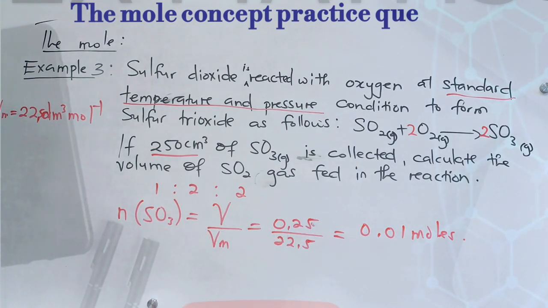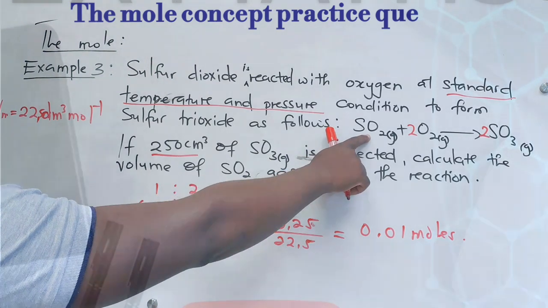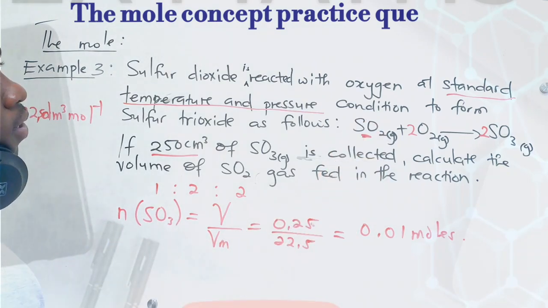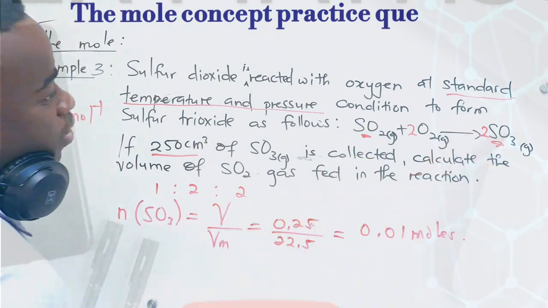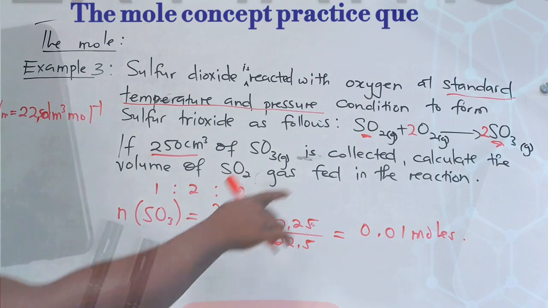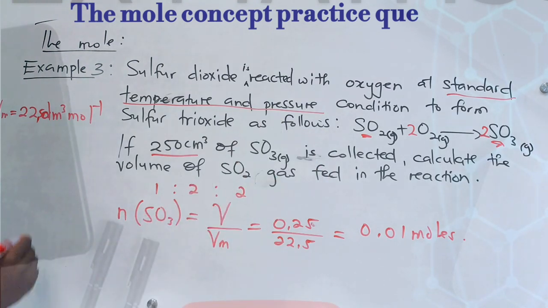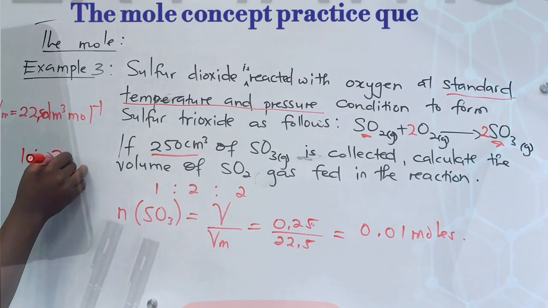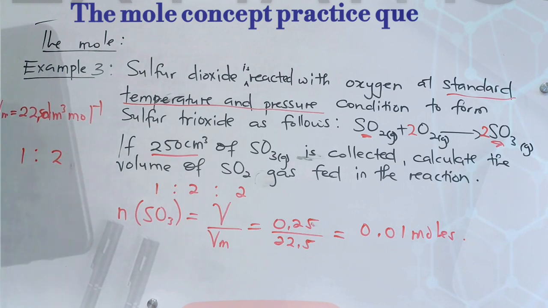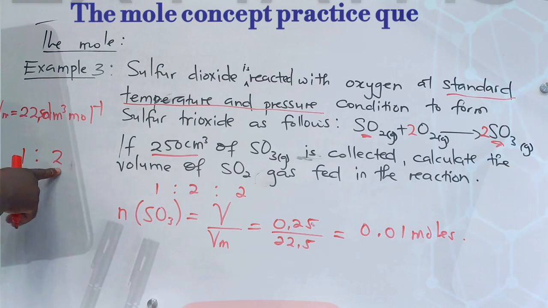But before doing that, you check, because we want to calculate the volume of sulfur dioxide, and we calculated the number of moles of sulfur trioxide. So you check the two species in which ratio they are. They are in the ratio 1:2. So meaning we calculated number of moles for this sulfur trioxide, which is a 2.